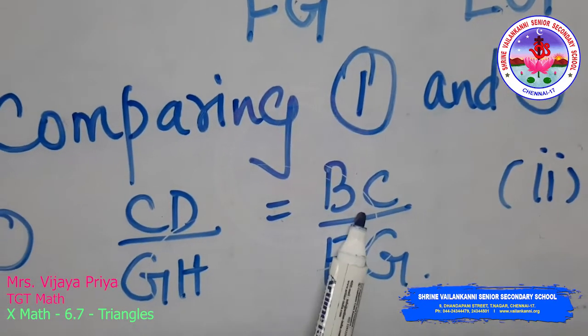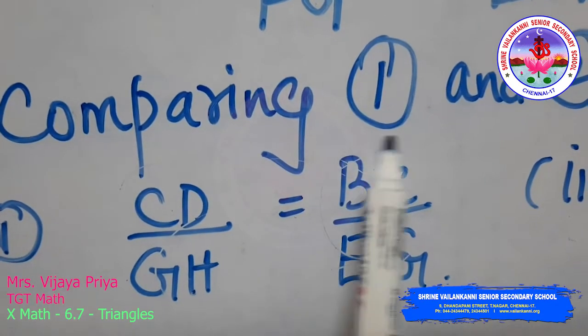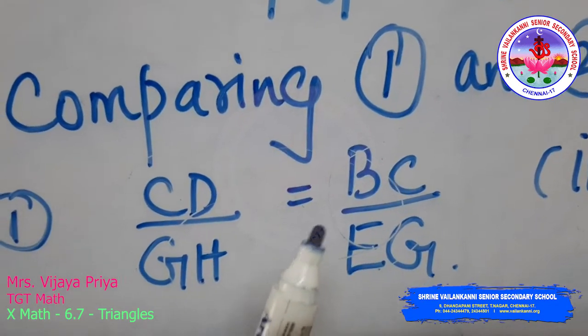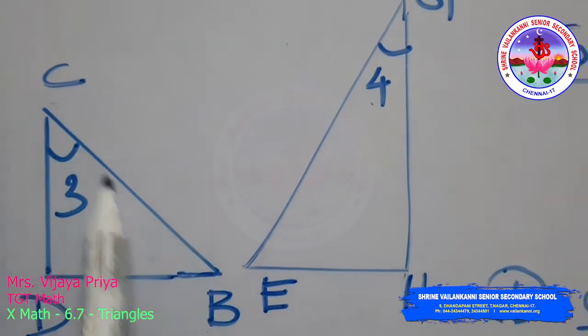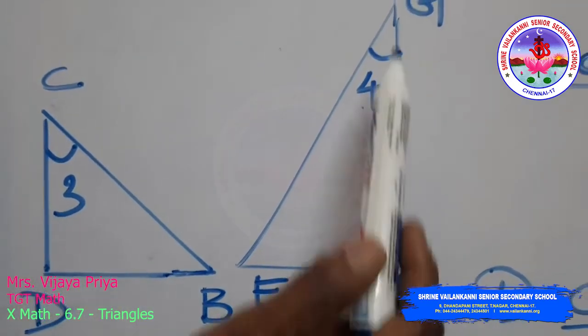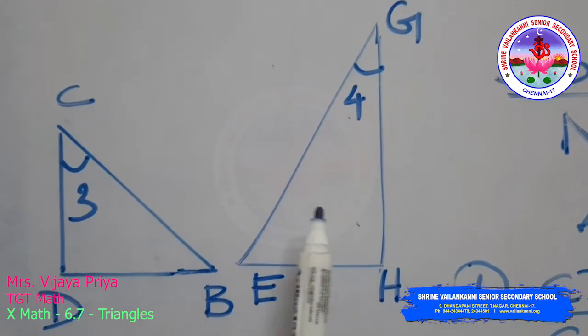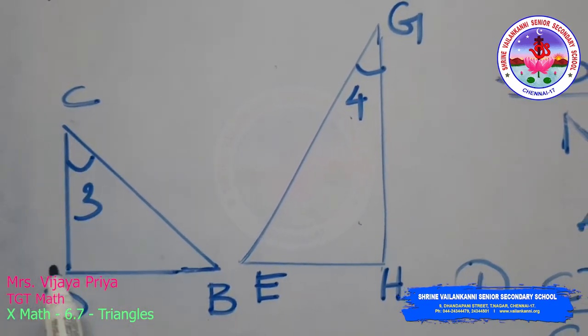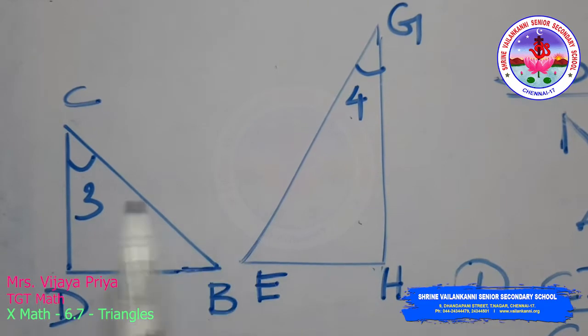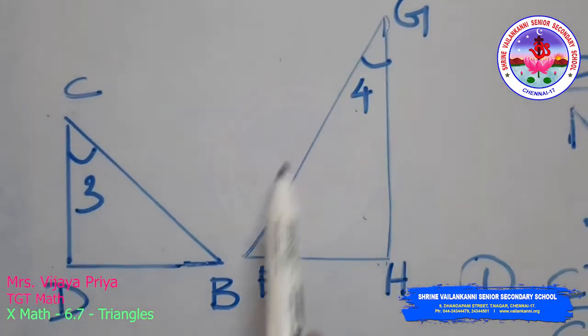So these two sides are involved in the triangles DCB and HGE, and we are going to prove these two triangles are similar. We now got CD by GH is equal to BC by EG.